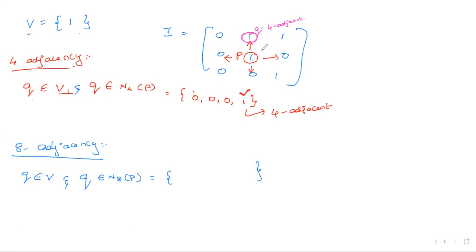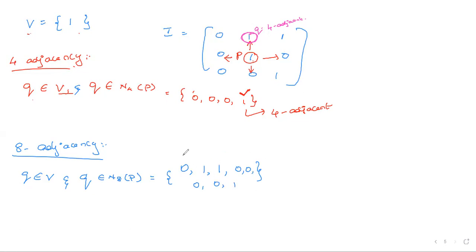Horizontal, vertical and diagonal pixels, which means all pixels will come. 0, 1, 1, 0, 0, 0, 0, 1. All of them come.